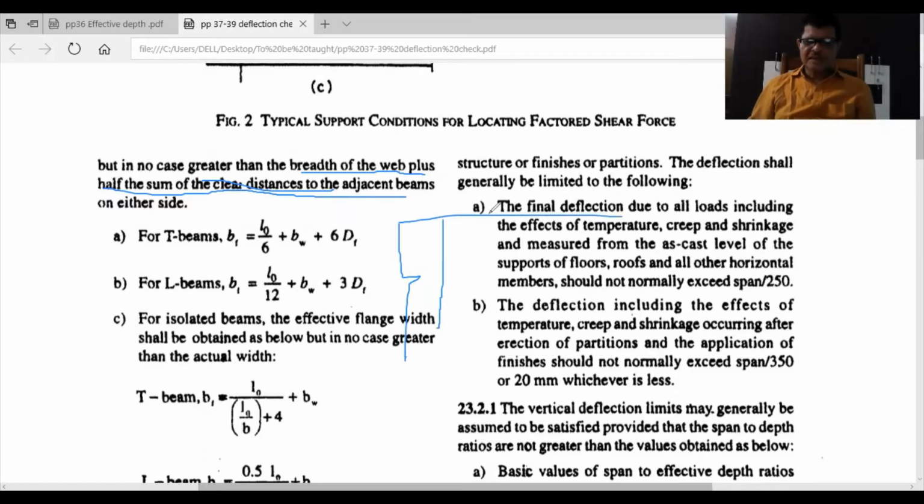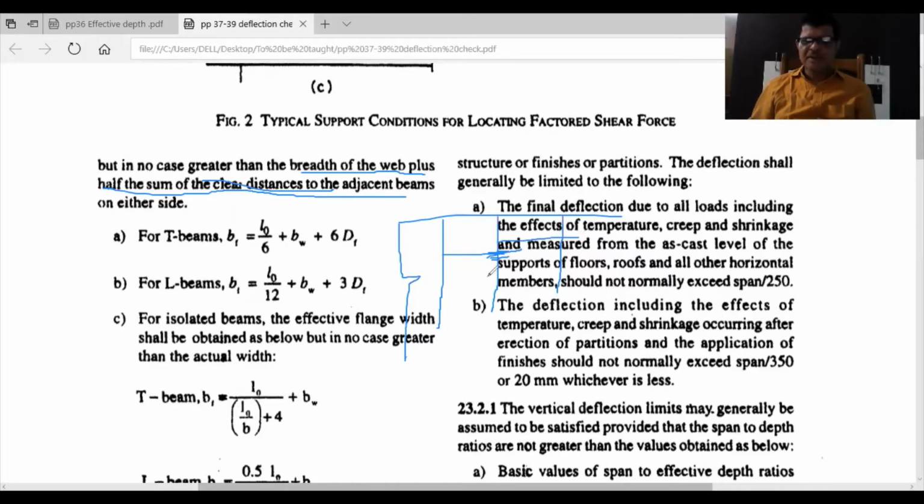That means let us see, if there is a beam here, here is a beam, and here is a beam. Now, if you are calculating this effective flange width for this beam, then the maximum value of flange width will be equal to the width of this web plus half of the sum of the clear distances. So half of this clear distance and half of this.